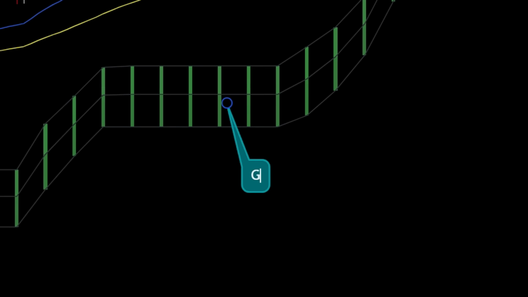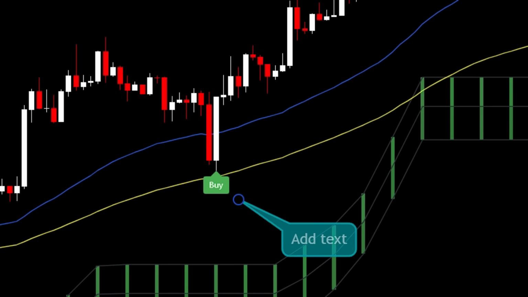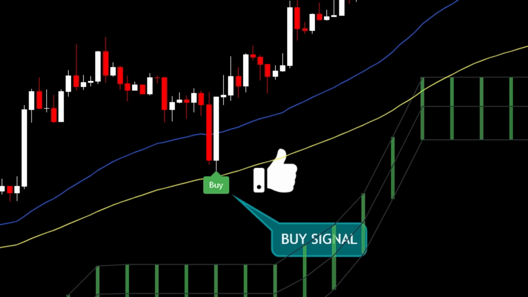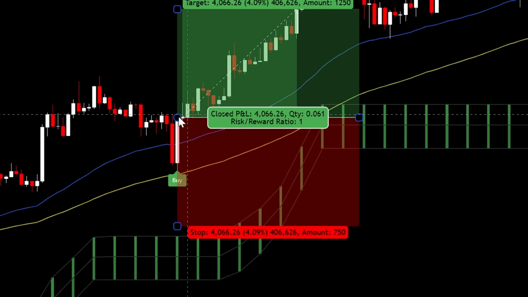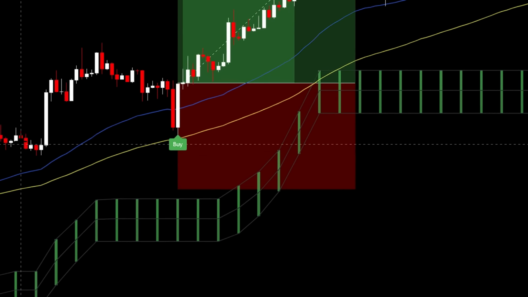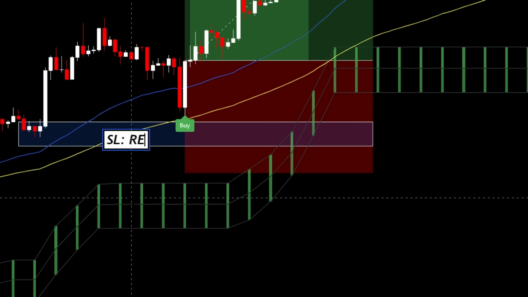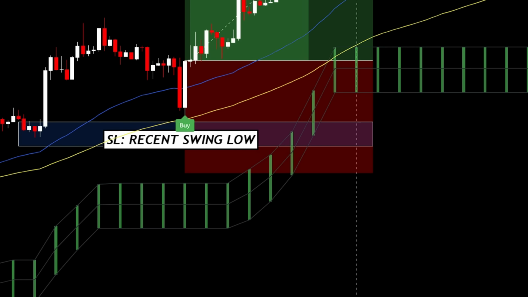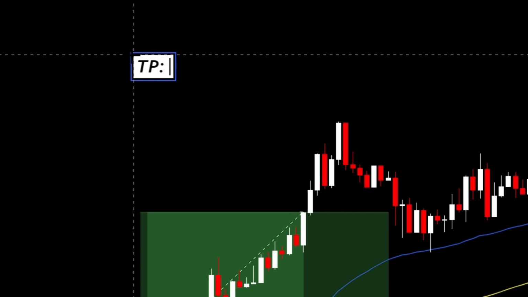So, when we get a valid buy signal, here's how I approach it. I'll look to open a long position, place the stop loss just below the most recent swing low, and aim for a target about 2 times the risk.